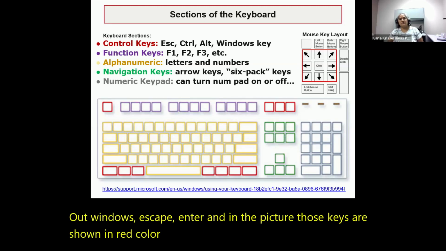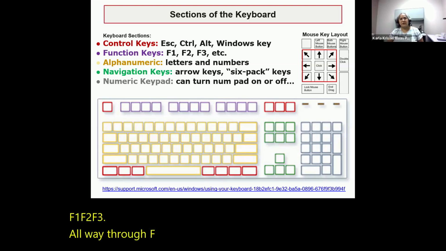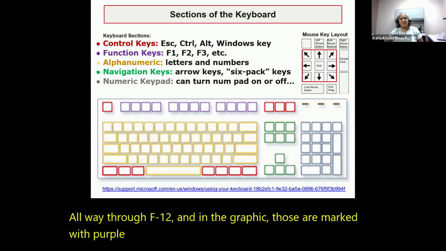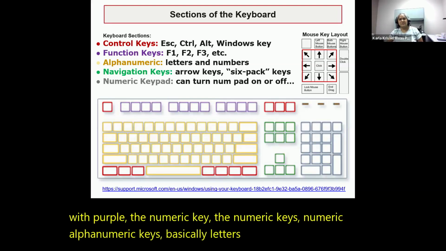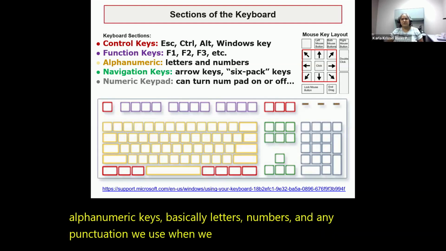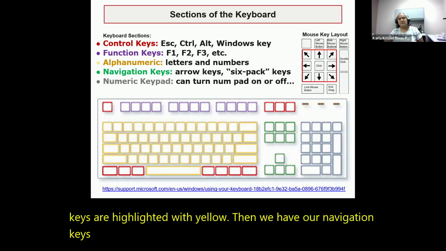Function keys, the F1, F2, F3, all the way through F12, are marked with purple in the graphic. The alphanumeric keys, basically letters, numbers, and any punctuation we use when we create documents, are all highlighted with yellow. Then we have our navigation keys, which are marked with green, and those are the arrow keys.